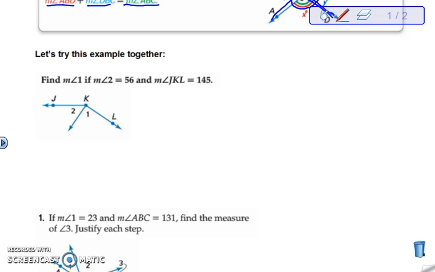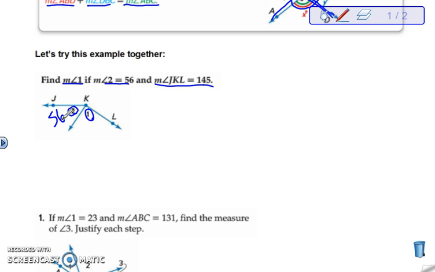Notice we have two angles, right? They've marked them angle 1 and angle 2. We want to find the measure of angle 1 if angle 2 is 56 and the measure of JKL is 145. So let's fill in what we know. It said angle 2 is 56, so we'll put the 56 here.